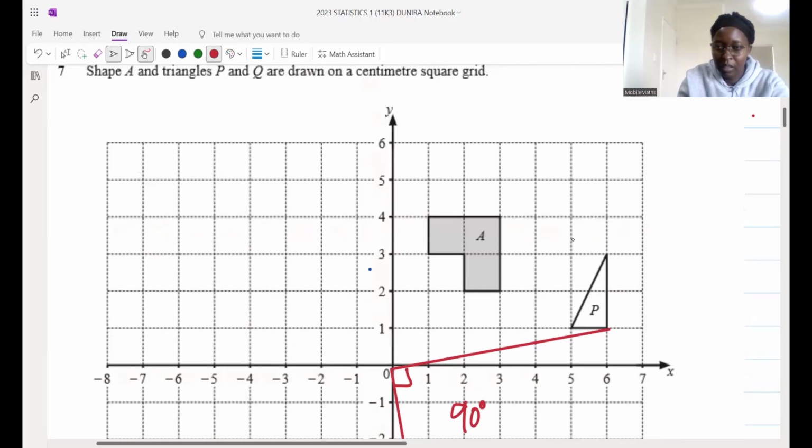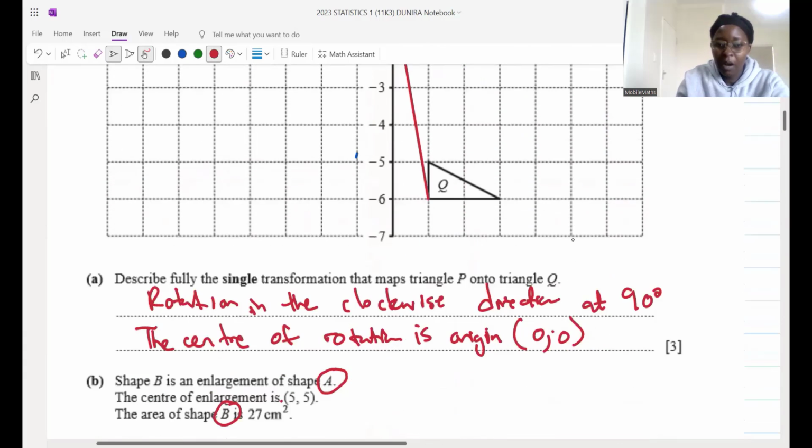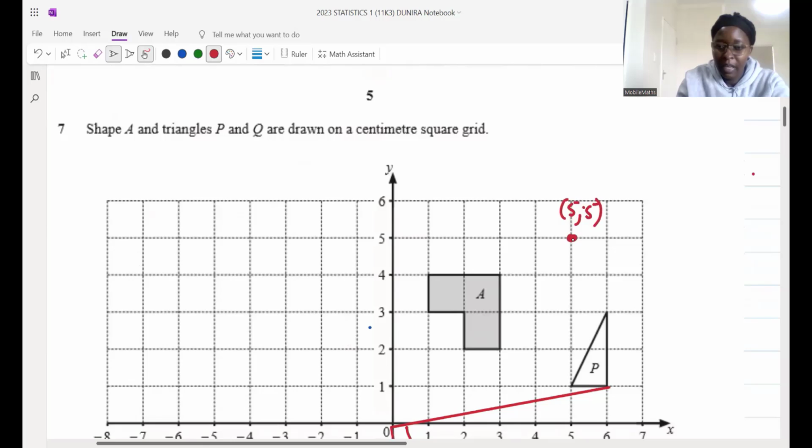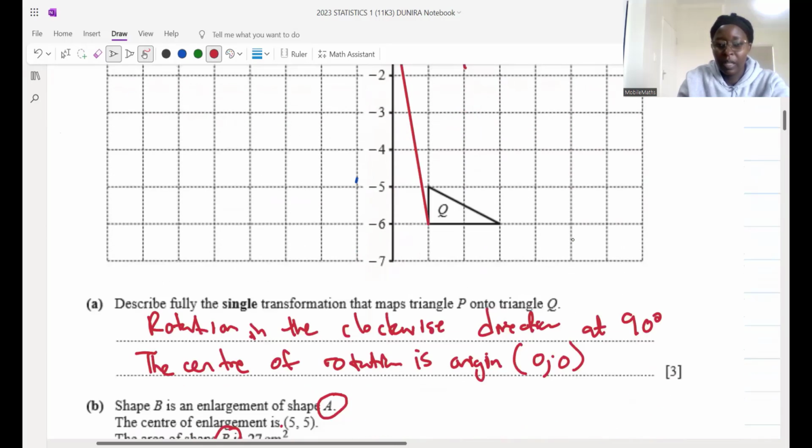This is our 5. Then we are given that the area of B is 27. What is the area of A? For the area of A, we have boxes 1, 2, 3. So the area of A is 3 centimeter squared.